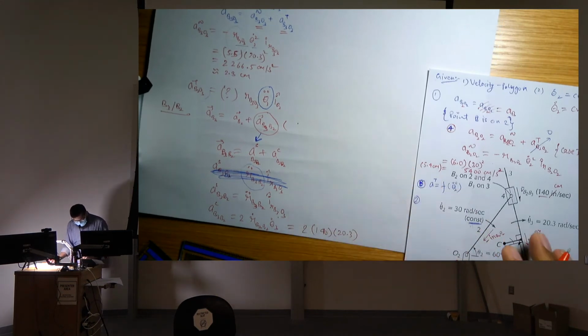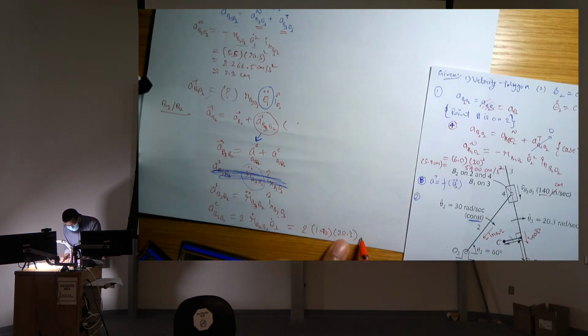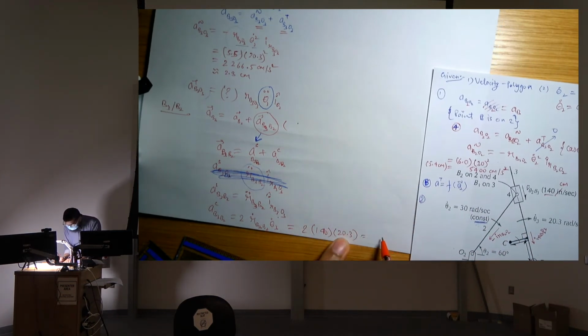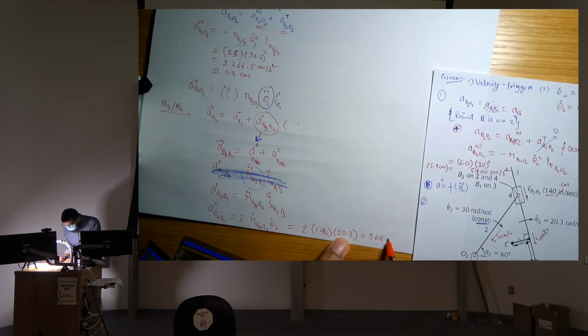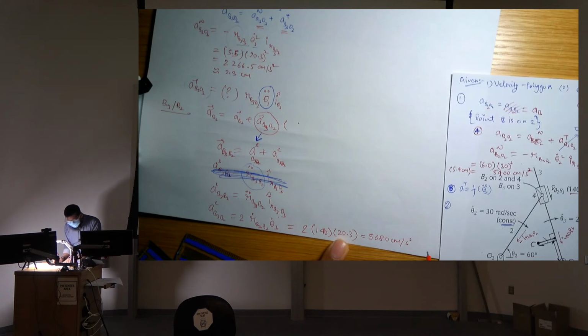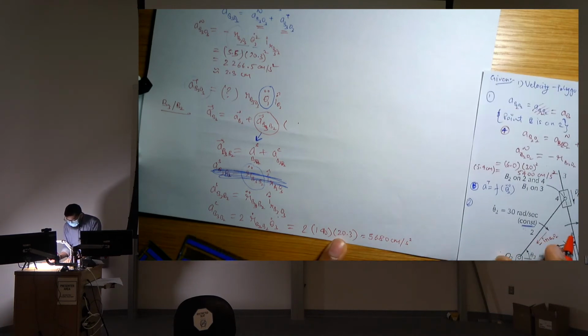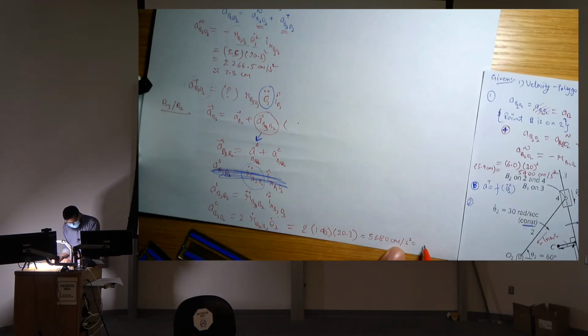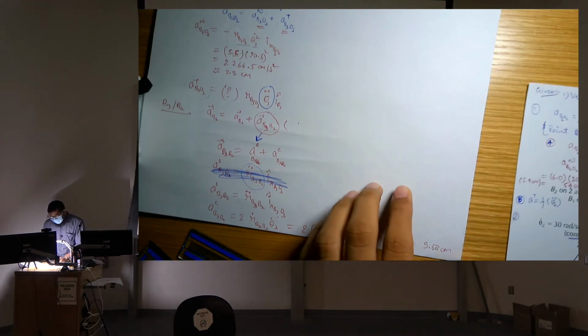This would give me 5680 centimeter per second square, and that would make it 5.68 centimeter. Okay, now the direction of Coriolis's component.